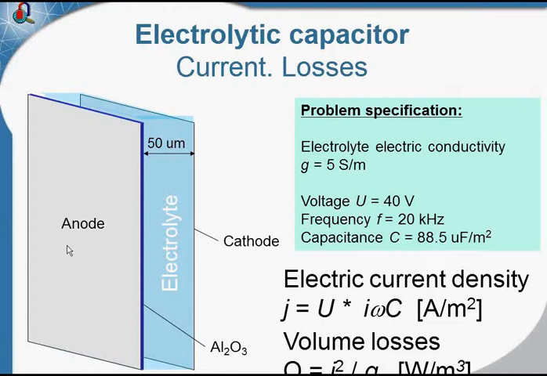Again, this is the same small piece of the electrolytic capacitor. We already calculated the capacitance, which is 88 microfarads per square meter. The capacitor works at the frequency of 20 kilohertz, and the voltage applied is 40 volts.